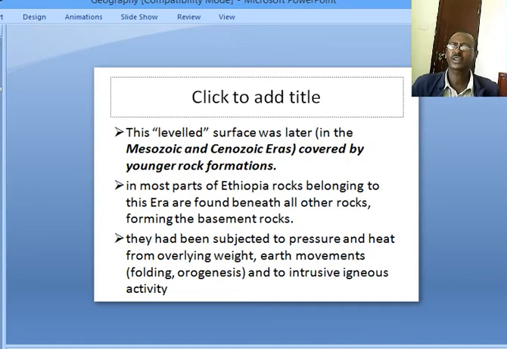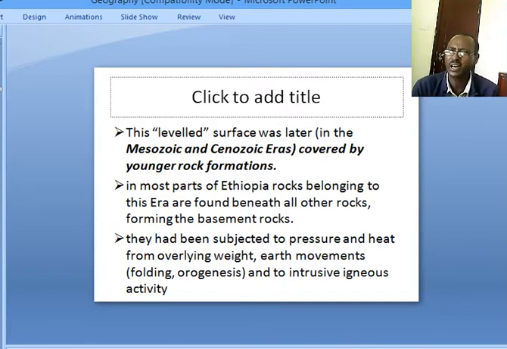This level surface was later seen in the Mesozoic and Cenozoic eras, covered by younger rock formations. In sedimentary rock, in a specific period of time, some sediments will be accumulated in one area.